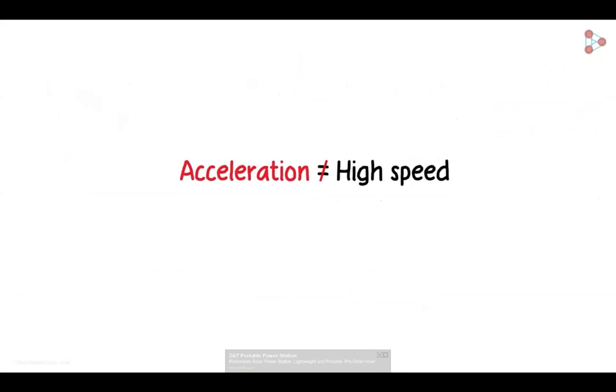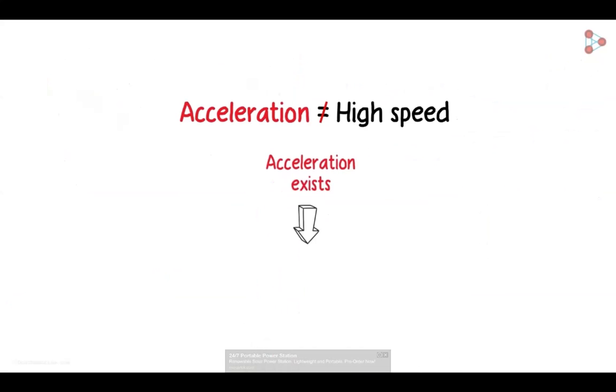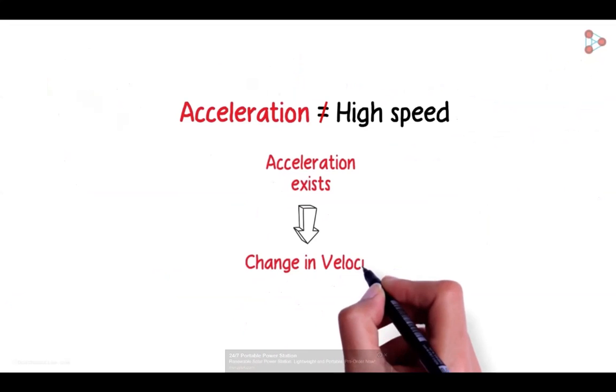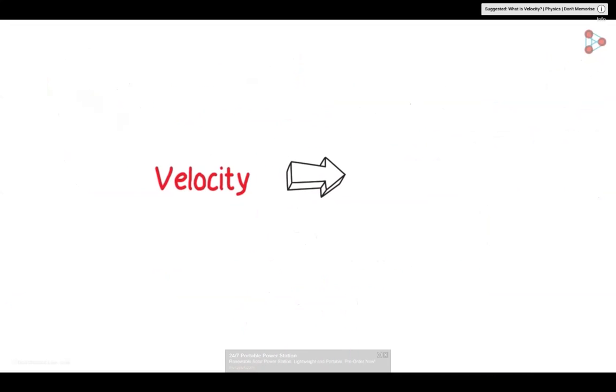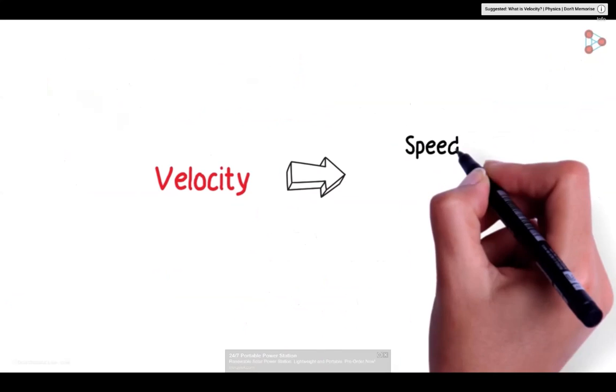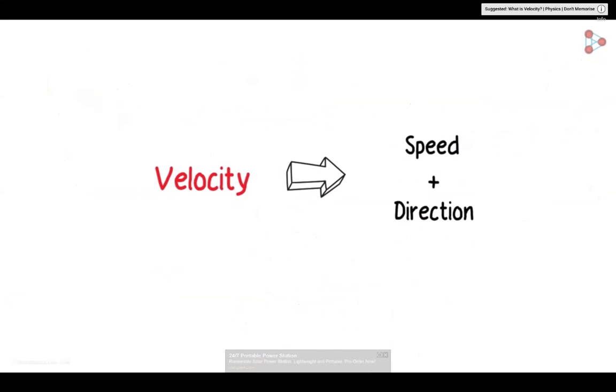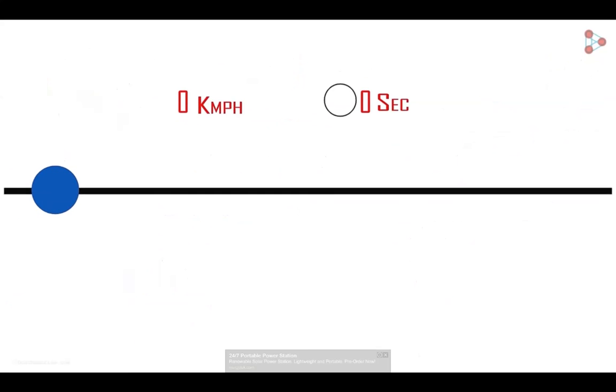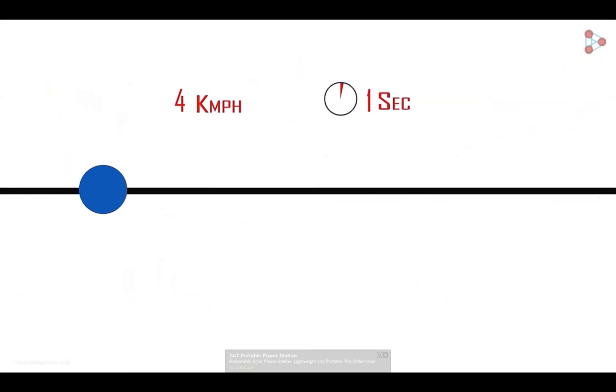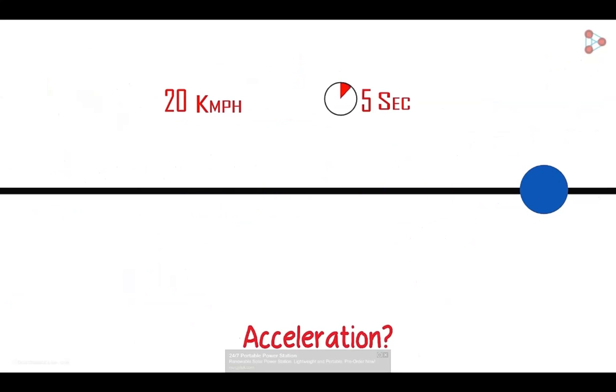Most people relate acceleration to high speed, and that's clearly not true. Acceleration will only exist when there is change in velocity. Do you remember what velocity is? It's speed with direction, and it's hence a vector quantity. Why is this important? Let's say a body moves from rest and reaches a velocity of 20 kilometers an hour in 5 seconds. Will acceleration be involved here?